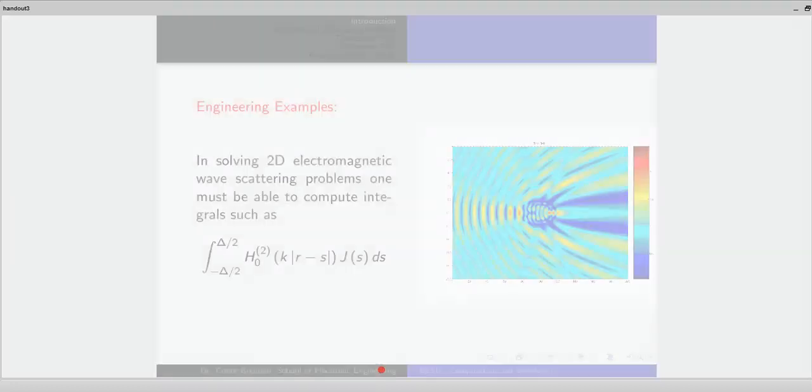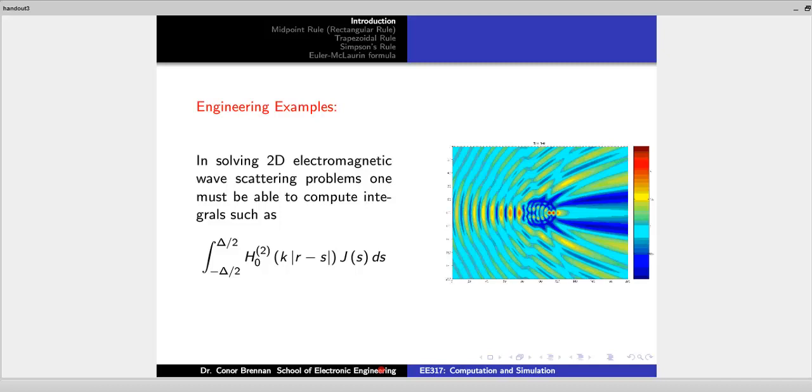How do they work? Well, here's an example. The picture on the right here is a funny looking picture. What's happening is we have a two-dimensional sphere, so a cylinder really, made of some kind of dielectric material. There's a plane wave traveling from left to right over here, and the plane wave hits this cylinder and scatters.